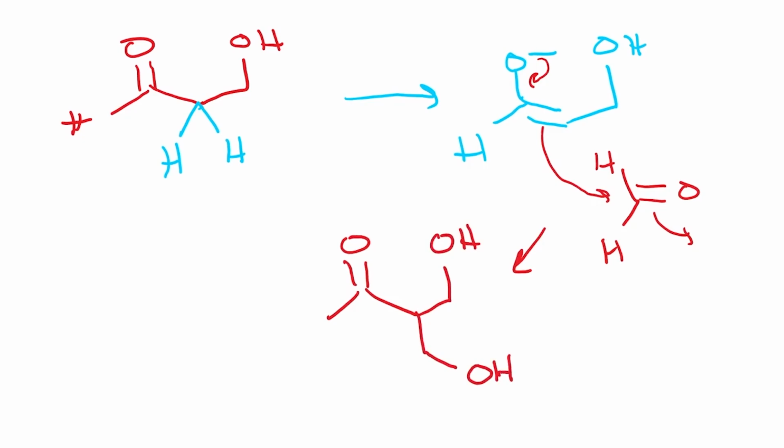So again, just to keep the numbering consistent, this is 1, 2, 3, 4, and this was for the previous addition. Now for this addition, this is 1, 2, and 3, and this would be 4, and this would be 5. So this is the bond between carbon 3 and carbon 4, and this would be carbon 5.